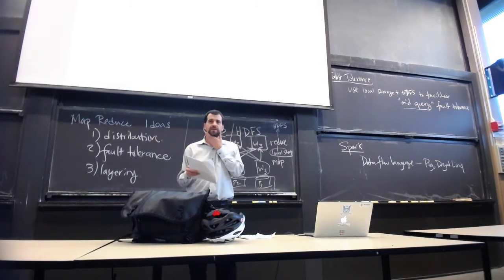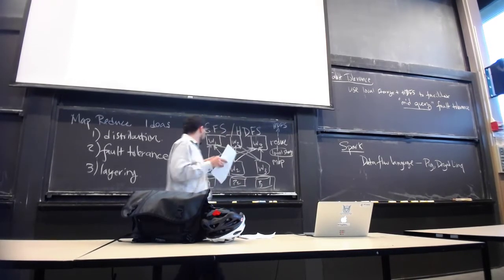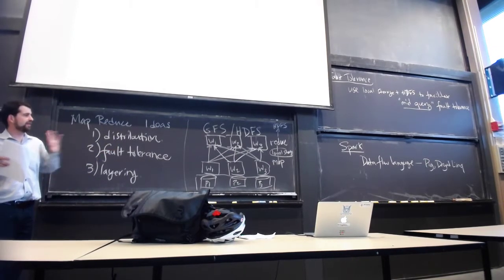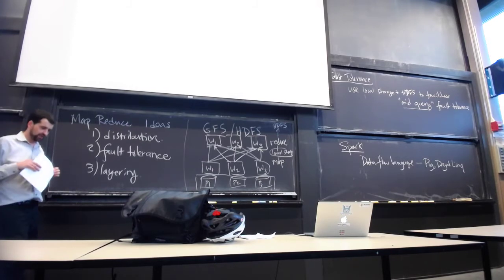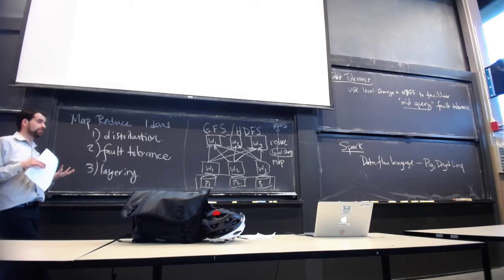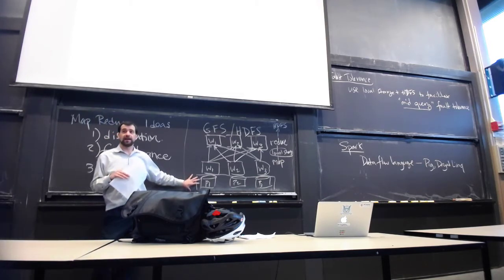Just because we moved on to Spark, what was the idea for layering? Oh, yeah, sorry. I just wanted to say, again, this is an example of something very similar to the idea we talked about last week in the Bigtable paper, where the Google guys do a really excellent job of reusing components to achieve certain kinds of functionality, right?